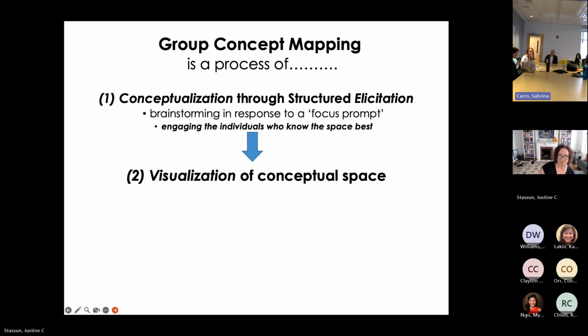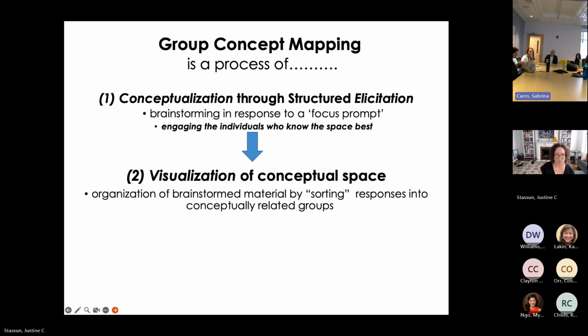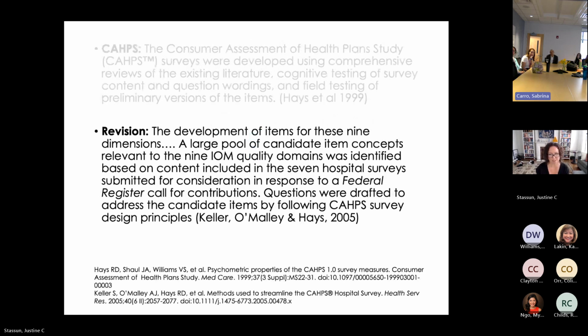The process, group concept mapping, then allows for visualization of that space. And the visualization occurs by getting the same people who helped you conceptualize the space to sort responses into conceptually related groups.